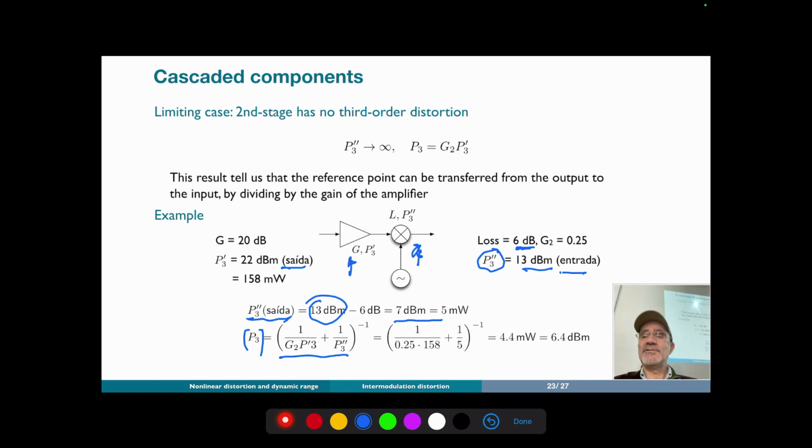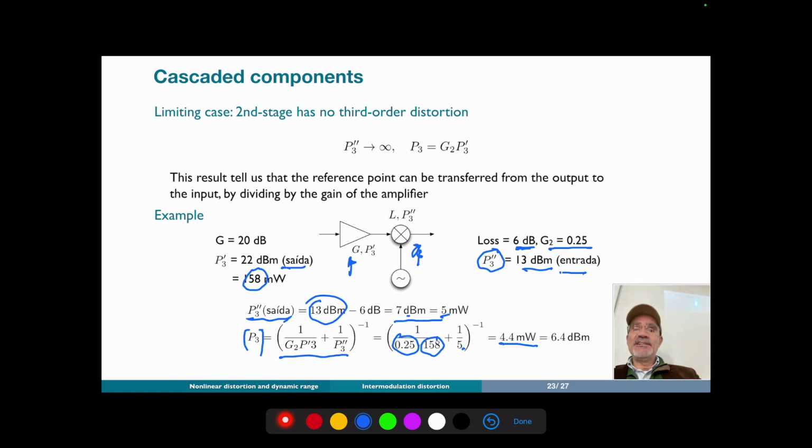And so we need to use P3 dash 158 milliwatts, which is shown here, multiplied by the gain of the second. A loss of 6 dB is equivalent to a gain of 0.25, which is shown here. And then P3 dash is 7 dBm or 5 milliwatts, which is this term here, which gives us 4.4 milliwatt or 6.4 dBm for the cascade of two components.